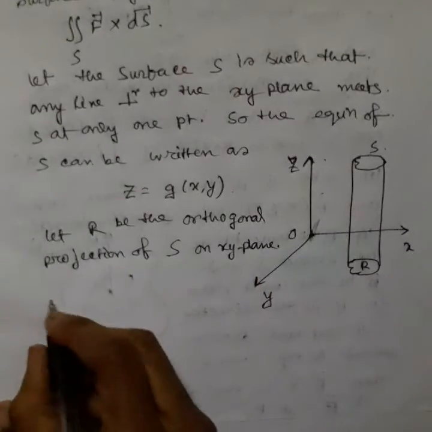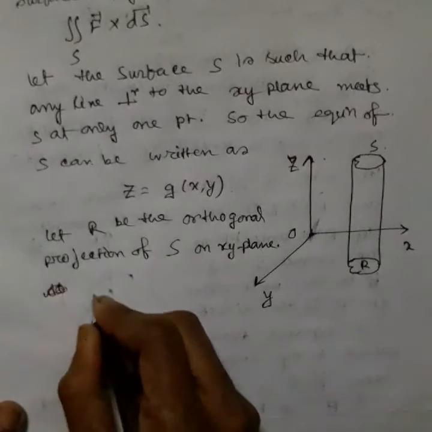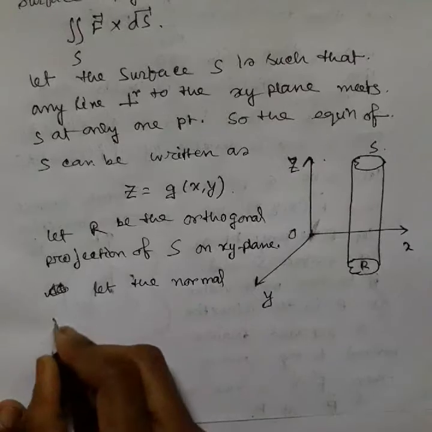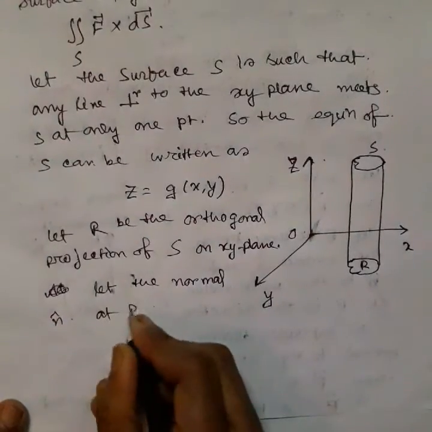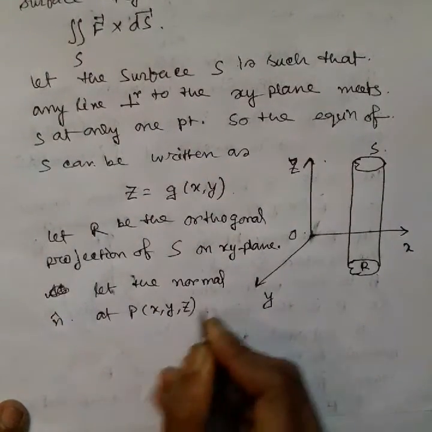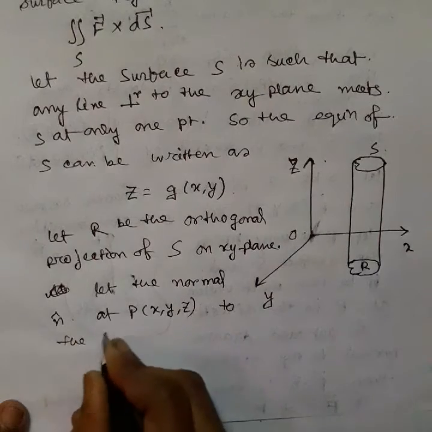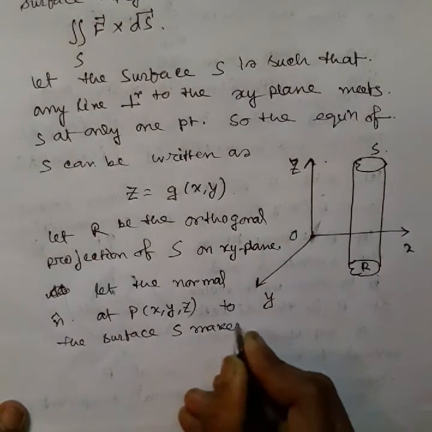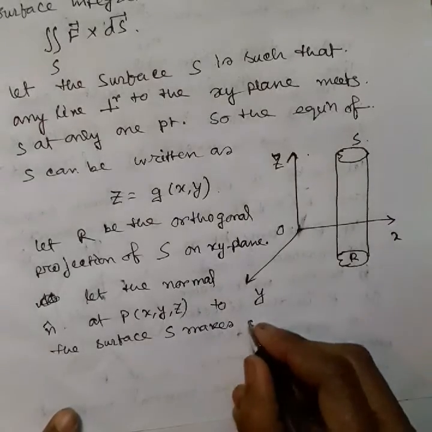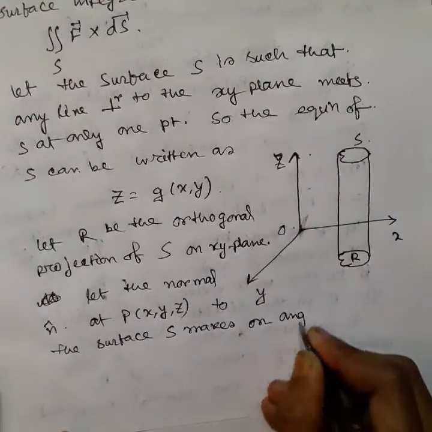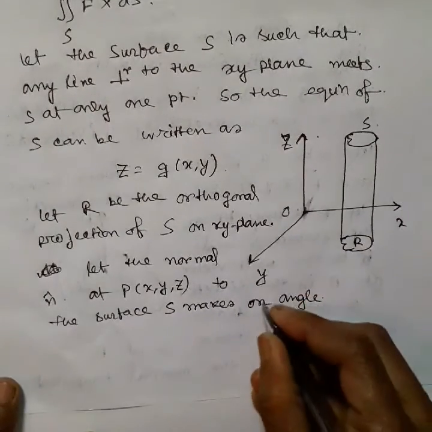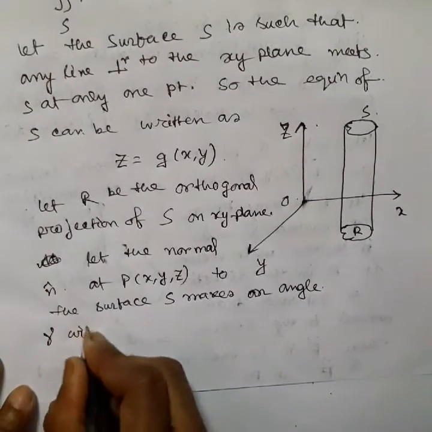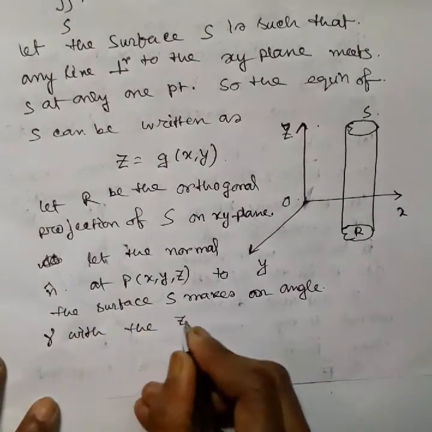Again let the normal n cap at P(x, y, z) to the surface make an angle gamma with the z axis.